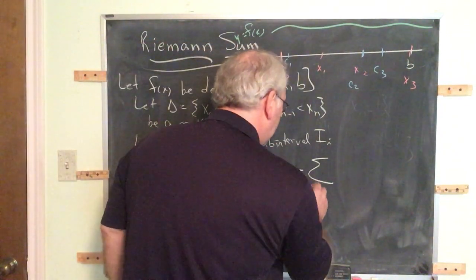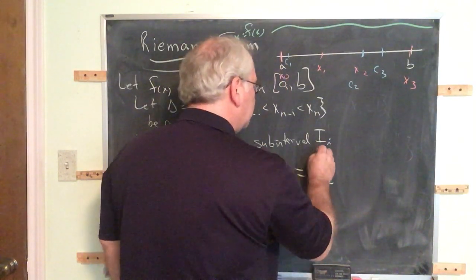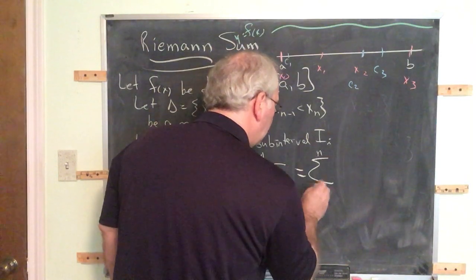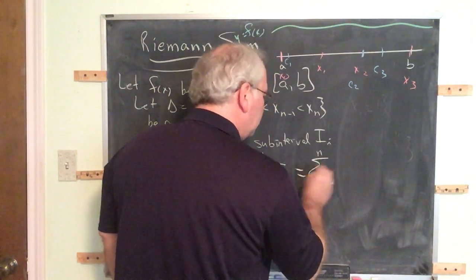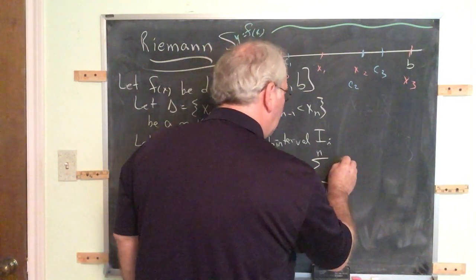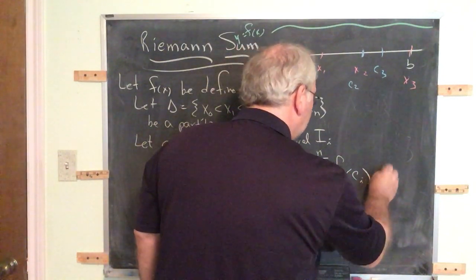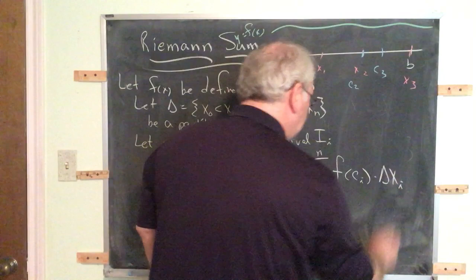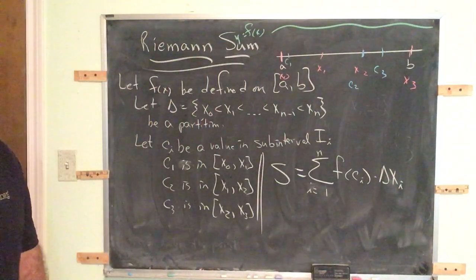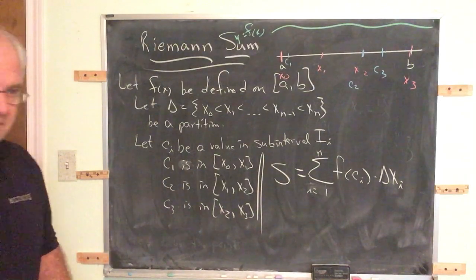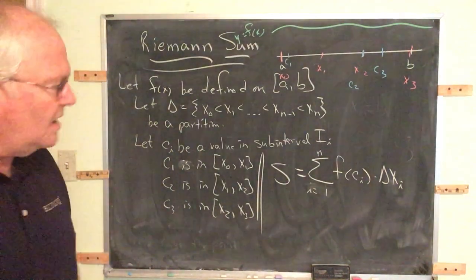The sum then goes as I goes from 1 to n of f of c sub I times delta x sub I. Now, if that's not enough symbols for you, you need to get out more.